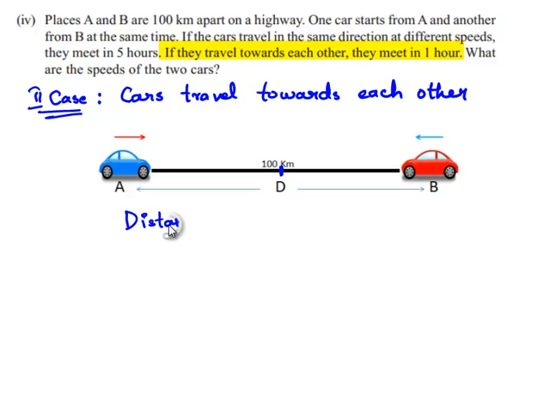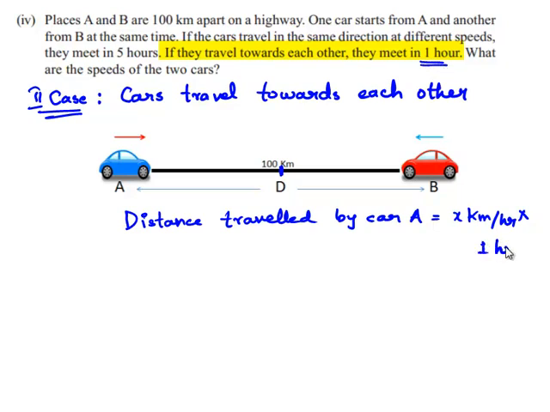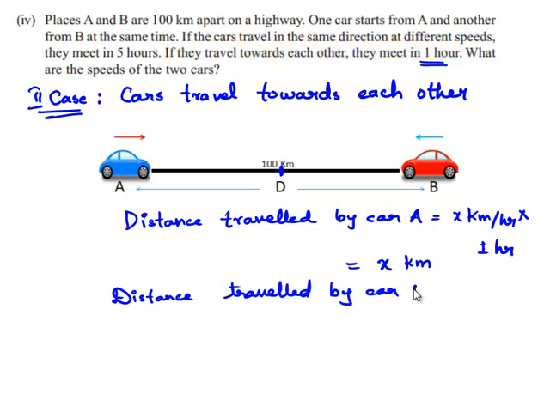The distance traveled by car A is speed multiplied by time. Speed is x kilometers per hour and the time taken is 1 hour, so this becomes x kilometers. The distance traveled by car B is speed multiplied by time, y kilometers per hour multiplied by 1 hour, so this becomes y kilometers.